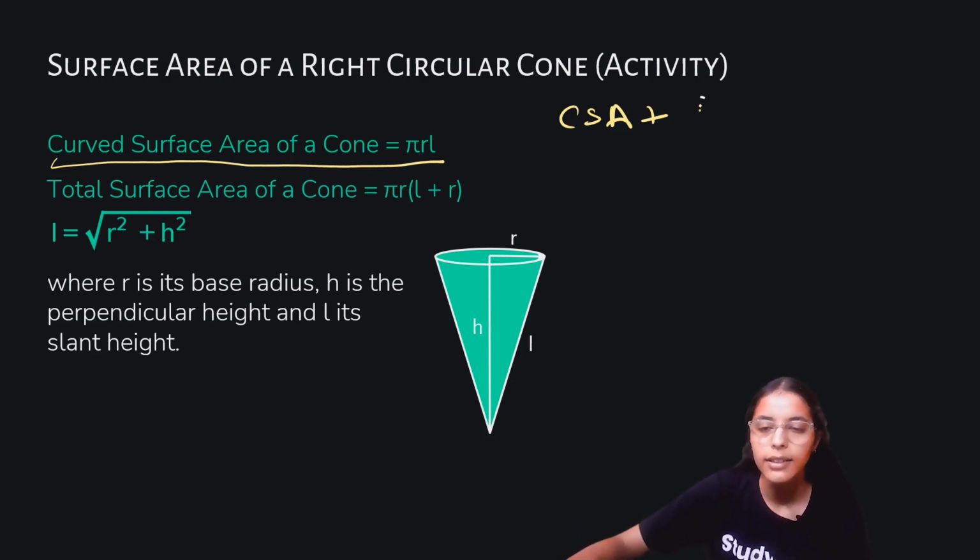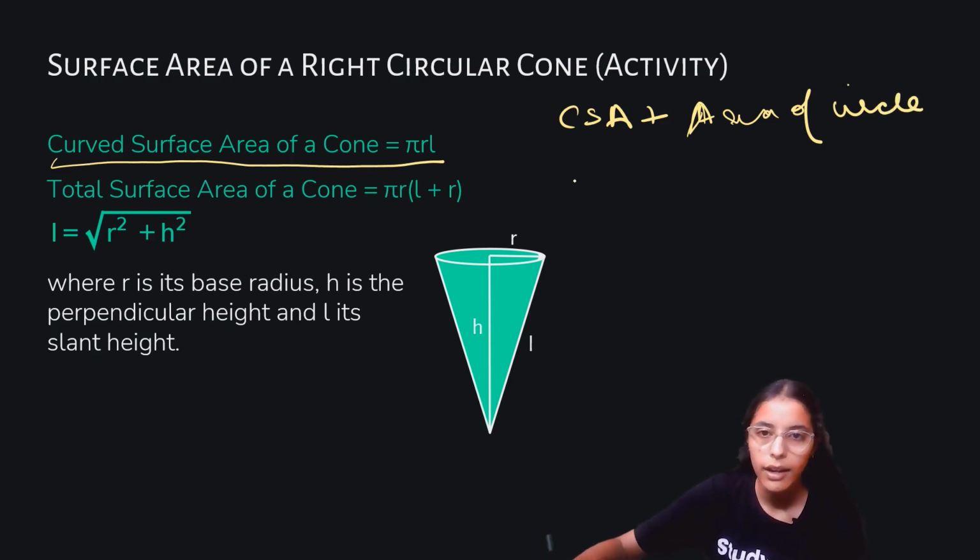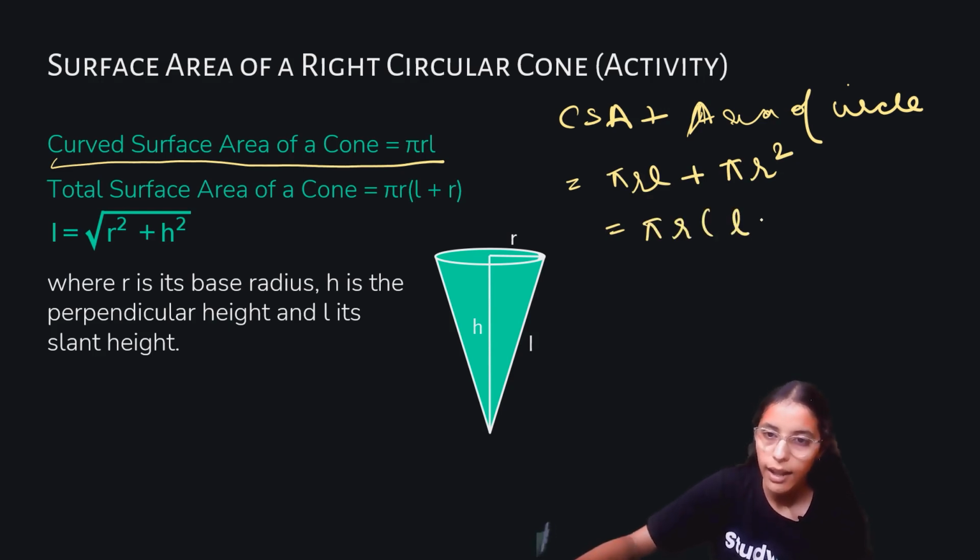So we'll just add the area of the circle, and our radius is given to be r, so we have pi rl plus pi r square, right? And when we take common pi r, we get l plus r.